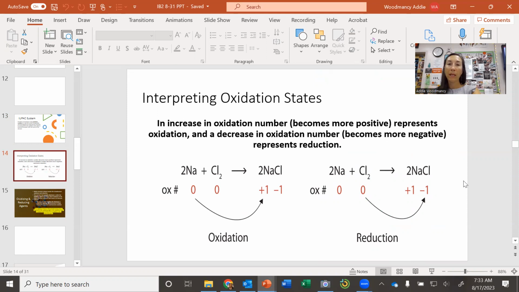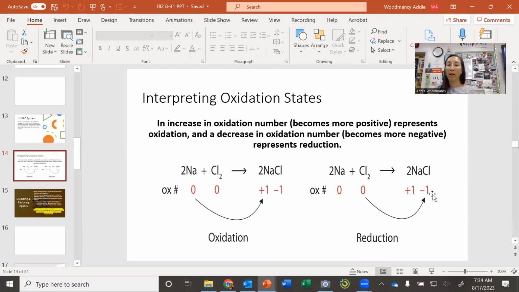Basically, whenever there's an increase in the oxidation number, when you see an oxidation state on the reactant side of the equation increase on the other side, like for sodium here, how it goes from 0 to +1, the oxidation state is becoming more positive. When that happens, it represents oxidation. When you look at chlorine here, chlorine's oxidation number on the reactant side goes from 0.